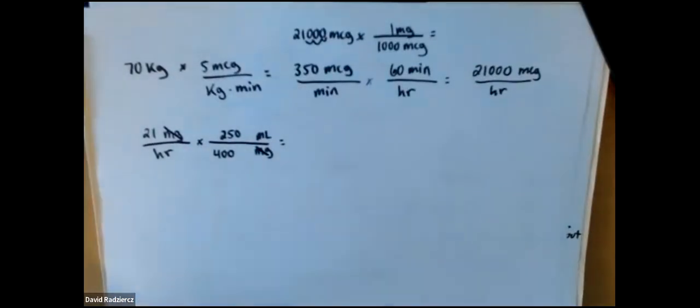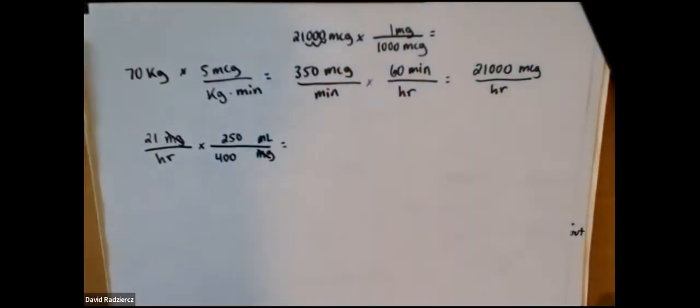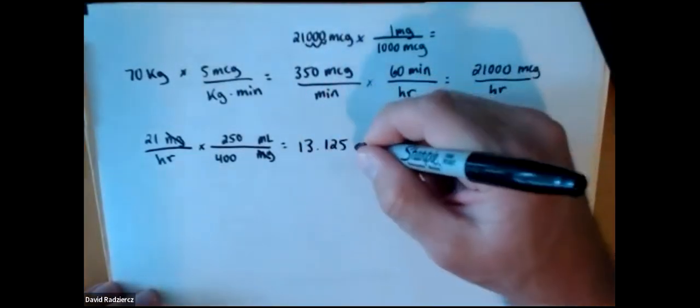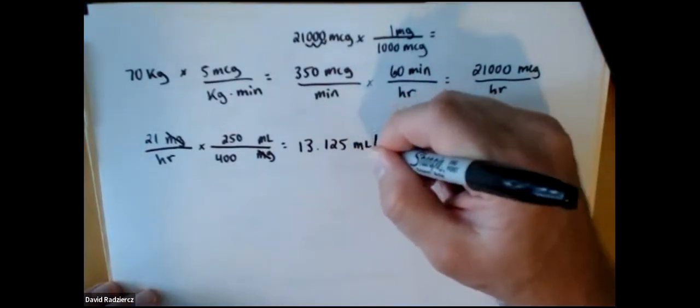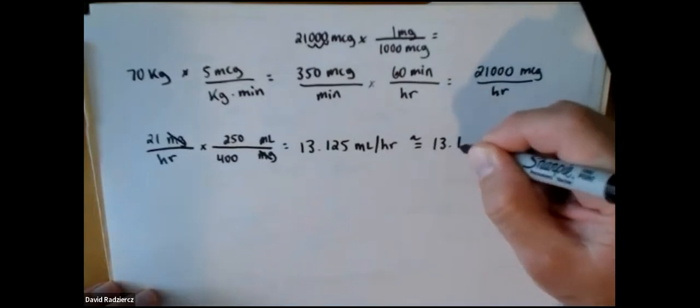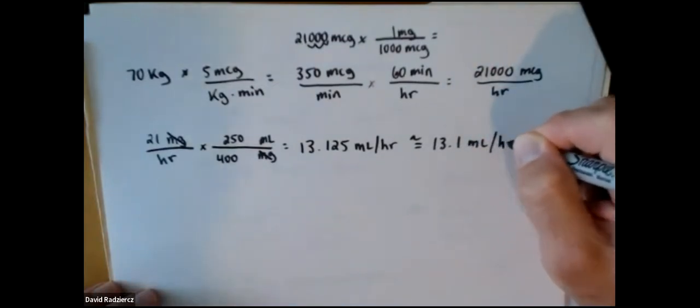The only units I have remaining are milliliters per hour. So 21 times 250 divided by 400 gives me 13.125 milliliters per hour. And then you would round that to 13.1 milliliters per hour.